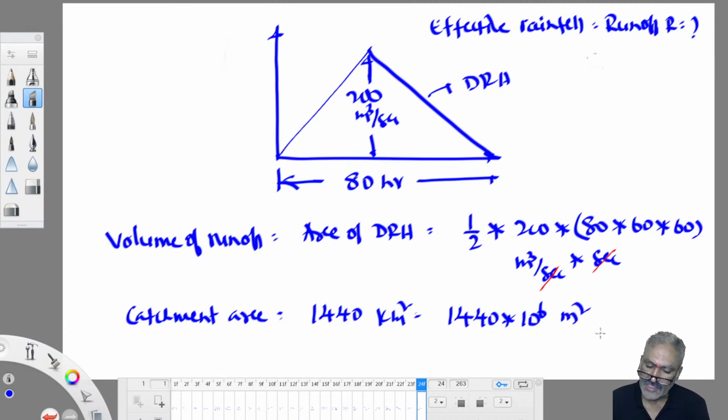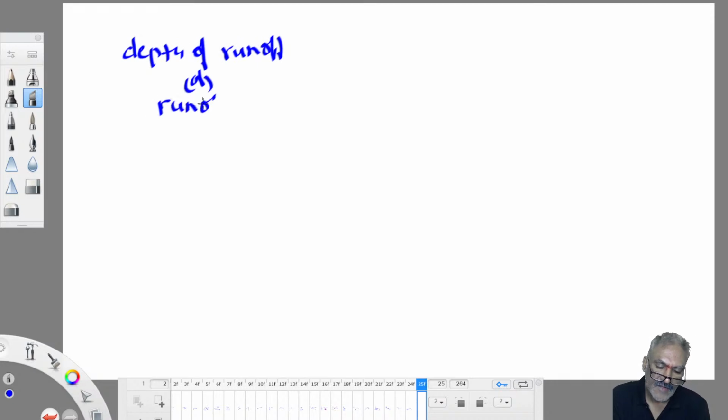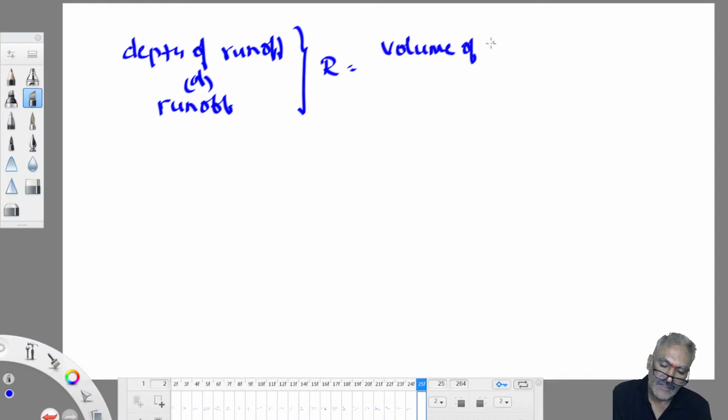So this is in meter cube, this is in meter square. Can't you work out runoff? Runoff by default you express in terms of depth only. So depth of runoff, or simply runoff, is always expressed in terms of depth. It is equal to volume of runoff by catchment area, since it is collected from the catchment.